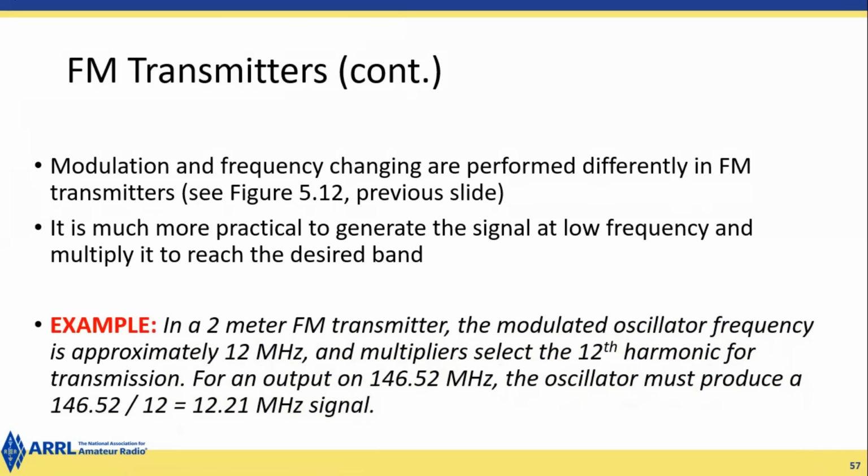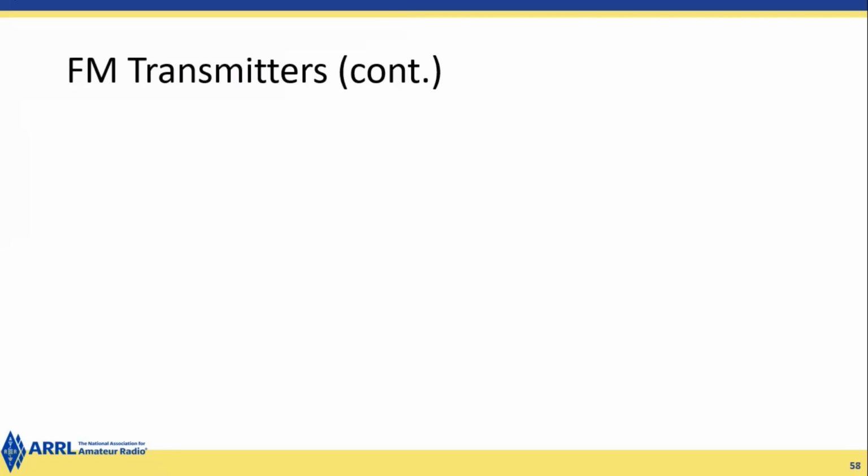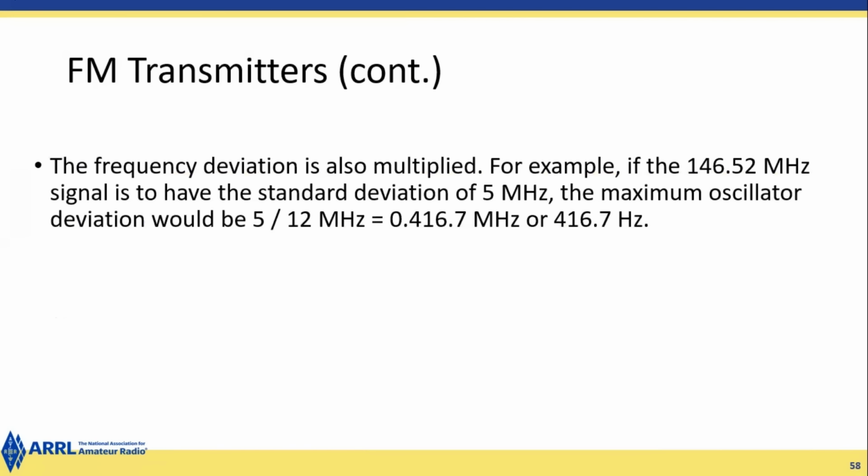For example, in a 2-meter FM transmitter, the modulated oscillator frequency is approximately 12 megahertz, and multipliers select the 12th harmonic for transmission for an output of 146.52, for example. The oscillator must be 146.52 divided by 12, or 12.21 megahertz. The frequency deviation is also multiplied.